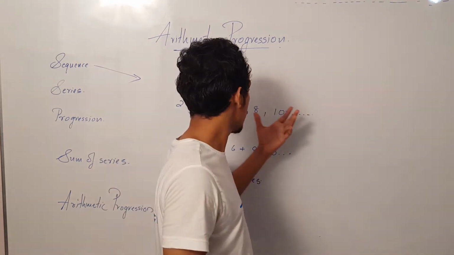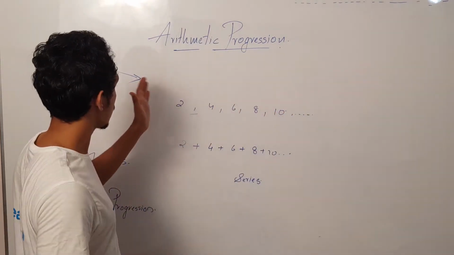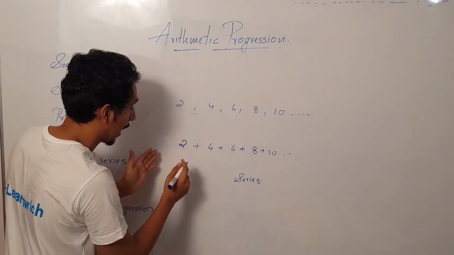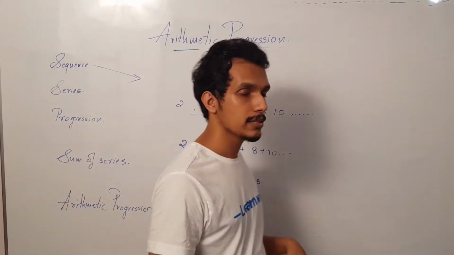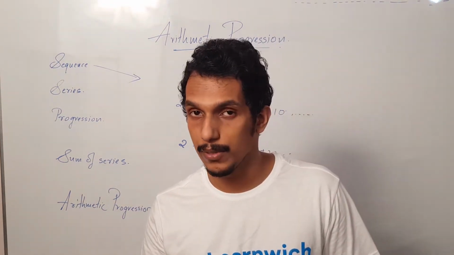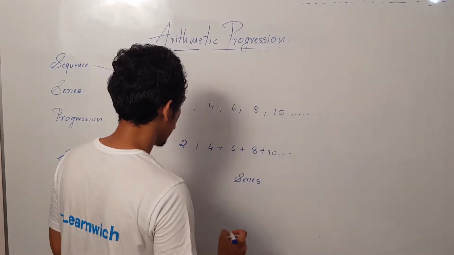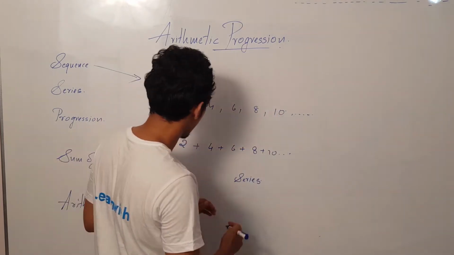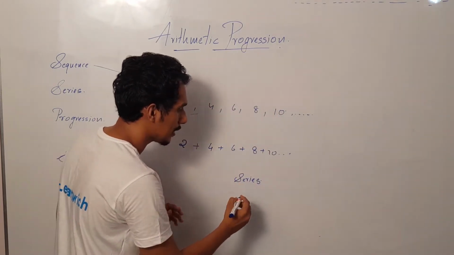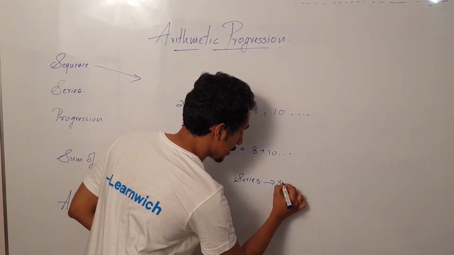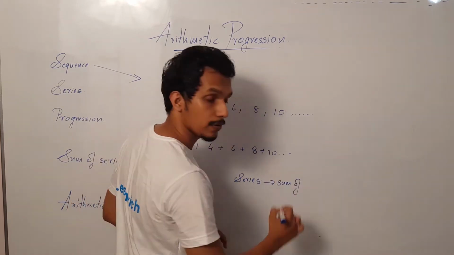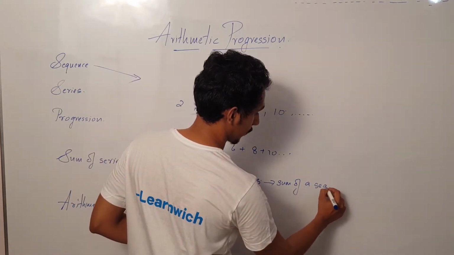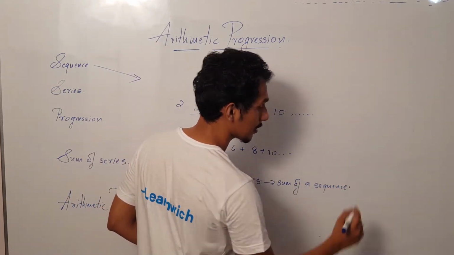So when you're separating these numbers with commas, it's called a sequence. And if you're putting the mathematical operation of addition in between these numbers, then it becomes a series. For example, 2, 4, 6, 8, these are all even numbers. Adding all those even numbers, you get a series. So it simply means a series is the sum of a sequence.